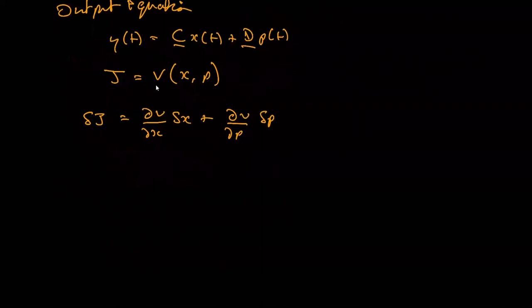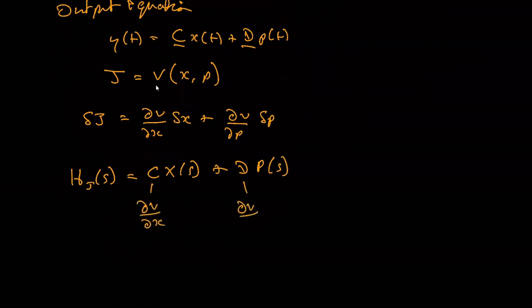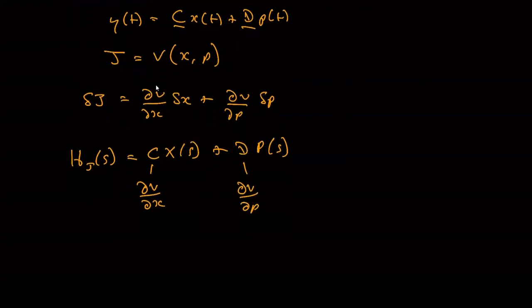I'll call the left-hand side Hj(s), which equals C times X(s) plus D times P(s). So I've taken just the Laplace transform on both sides. The C is the dv/dx, and the D is the dv/dp.